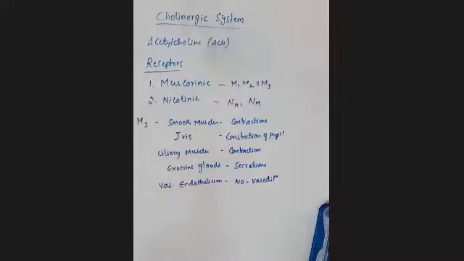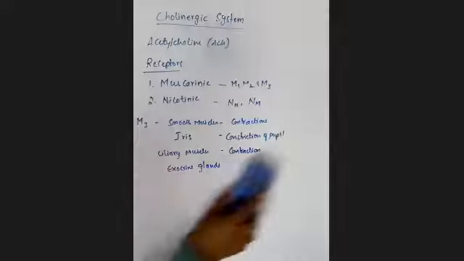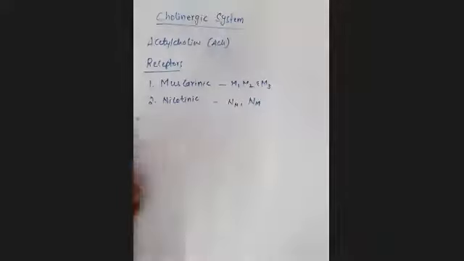So this is about the M3 receptors. M3 is mainly present in smooth muscles, the iris of the eye, ciliary muscles, exocrine glands, and the vascular endothelium. These are the functions of these different organs whenever acetylcholine binds to M3 receptors.